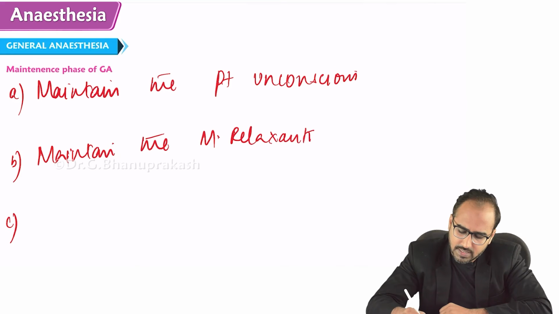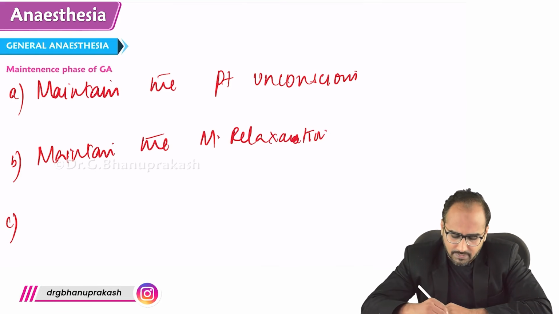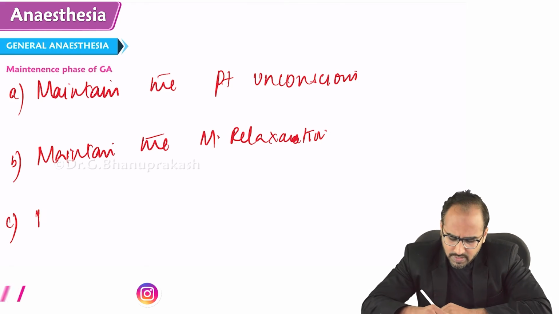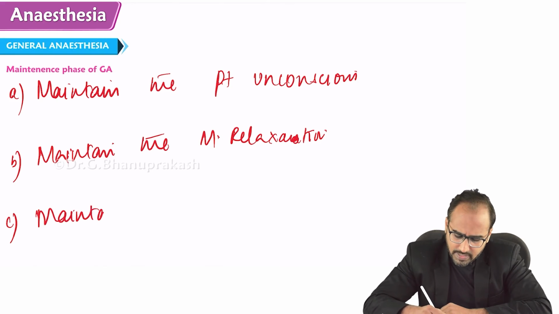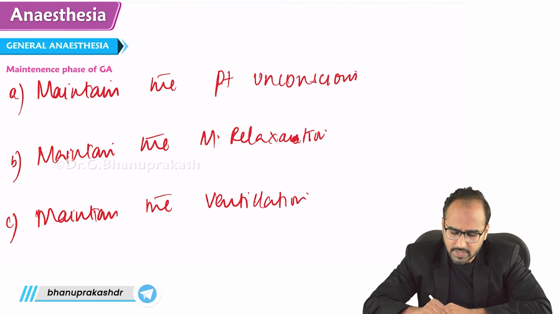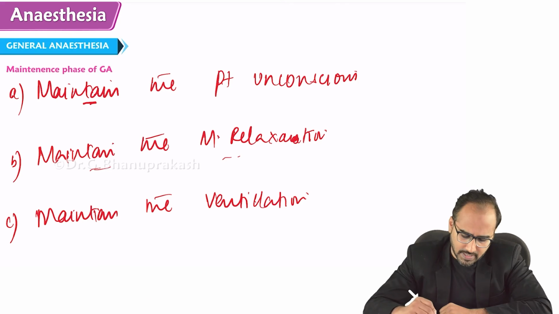Once you have achieved these two, the third aim will be what? Now don't tell me again, sir, I will intubate. Already intubated. What do you need to do? Just maintain the ventilation. In the maintenance phase, maintain the patient unconscious, maintain the muscle relaxation, and maintain the ventilation.